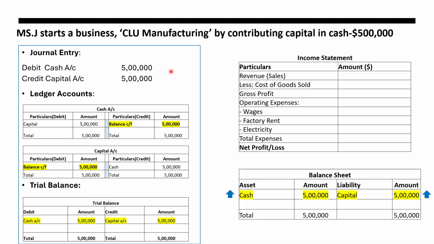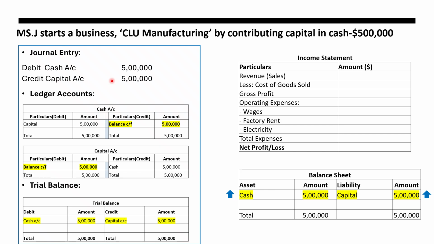And what could happen is subsequently there could be a lot of other cash transactions. Similarly, there could be addition to the capital, there could be withdrawal from capital, there could be more transactions pertaining to these accounts. Each transaction will have a journal entry. So just by seeing the journal entries, we will not know the balance in cash account at any given point or the balance in the capital account at any given point.